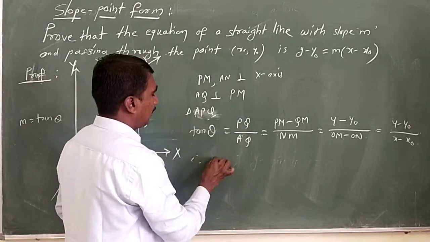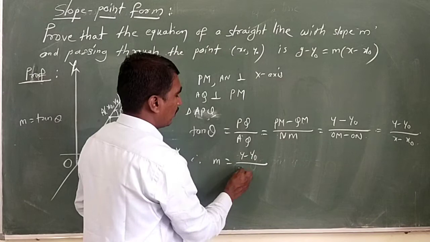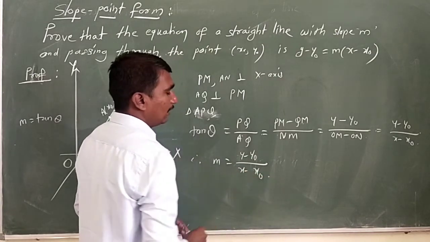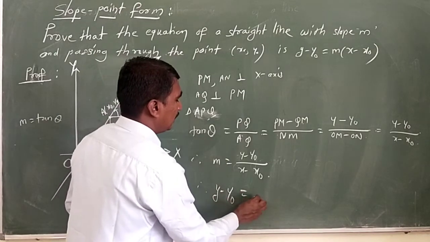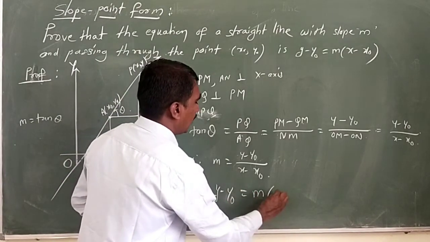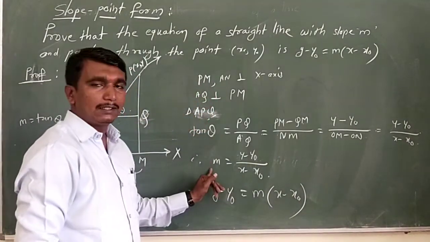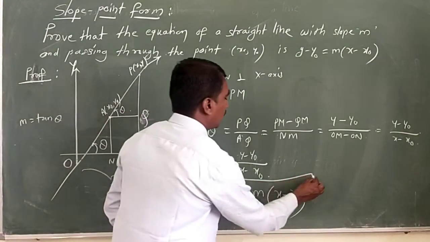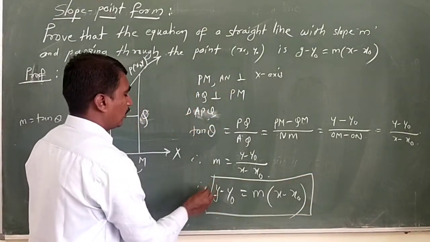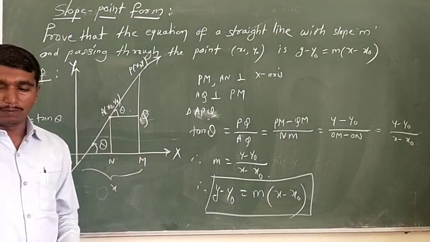So here tan theta is equal to m is equal to y minus y0 by x minus x0. Therefore y minus y0 is equal to m into bracket x minus x0. Hence proved. So this is the slope point form.